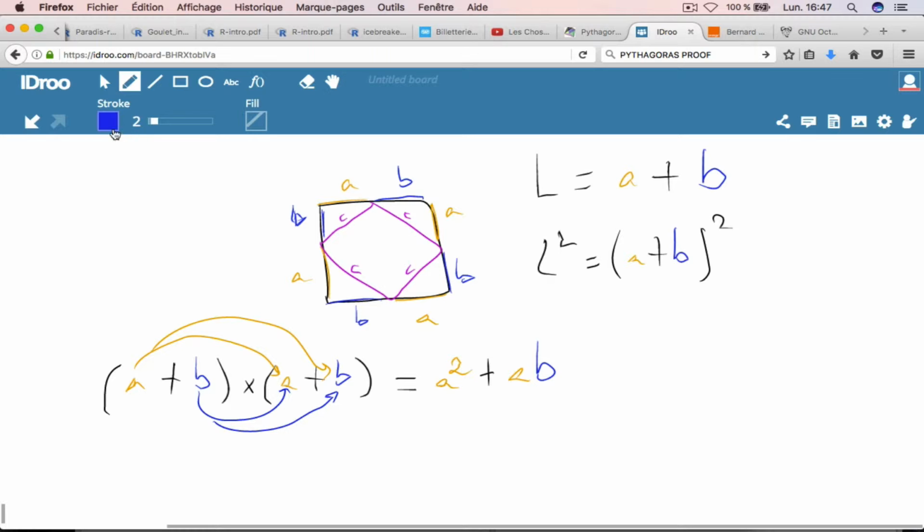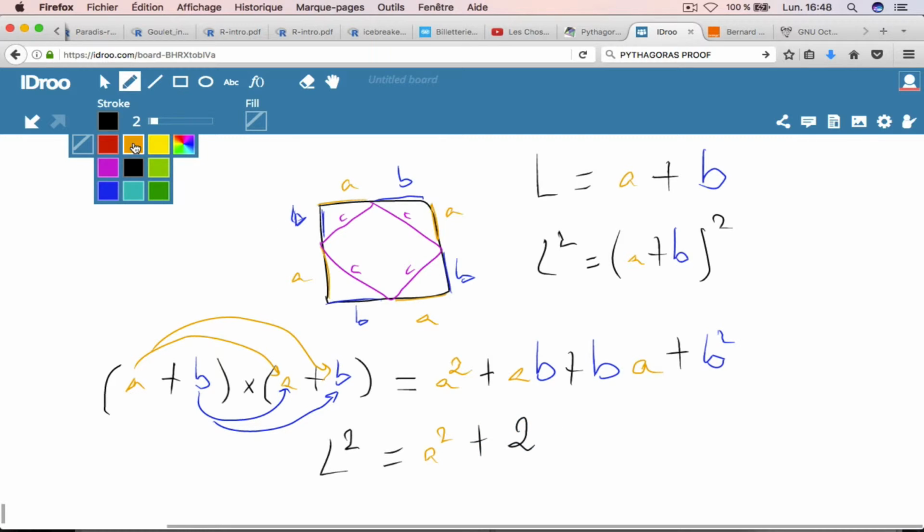So we've got B times A plus B squared. Because A times B and B times A are the same, we've got 2 times A times B. We can write L squared is equal to A squared plus 2AB plus B squared.